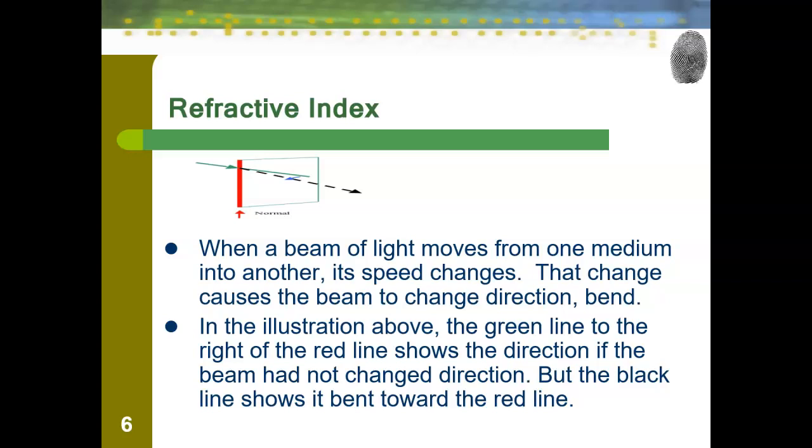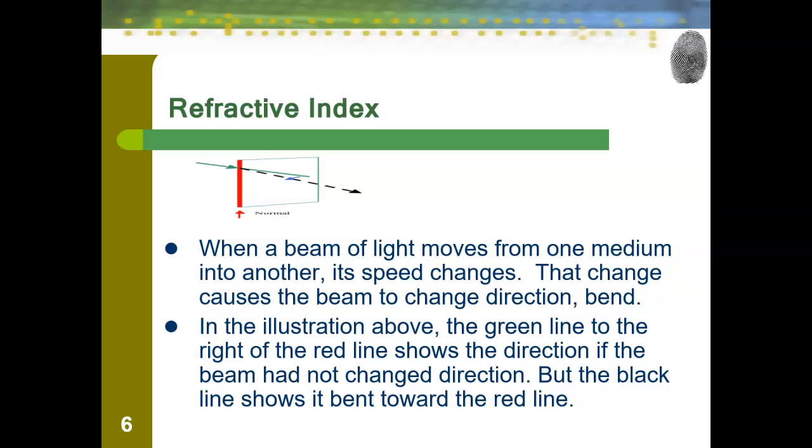If you've ever gone underwater and opened your eyes, you know the light looks crazy underwater, and that's because as the light moves from the air to the water, it is causing all of those beams of light to bend. In the illustration that you see on your screen right now, as well as on your notes, the green line, and make sure to color your drawing on your note sheet. The green line to the right of the red line shows the direction of the beam had it not been changed.